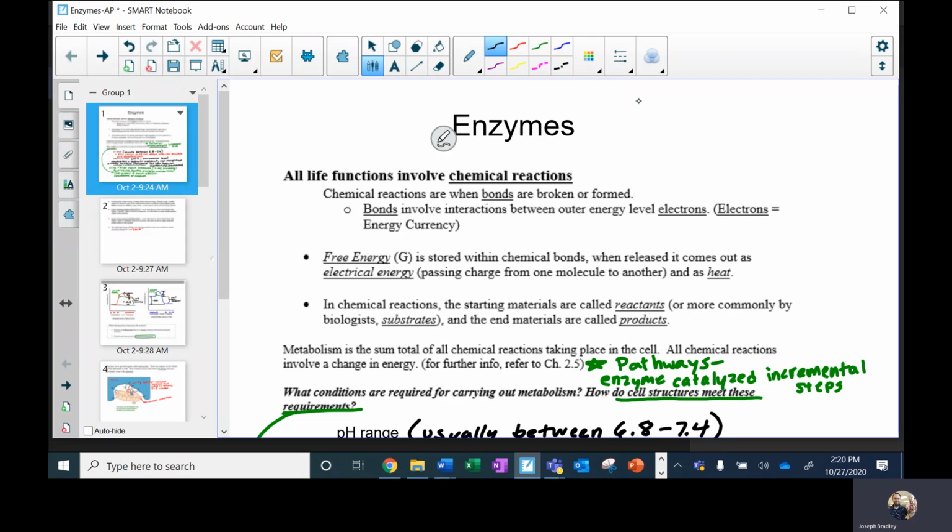Often you're going from substrate A to product B, and then product B is converted to product C, then D, then E, and then F. Product F is the ultimate thing that we want, and we would call all these intermediates.